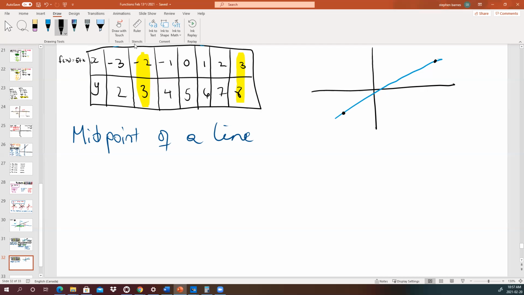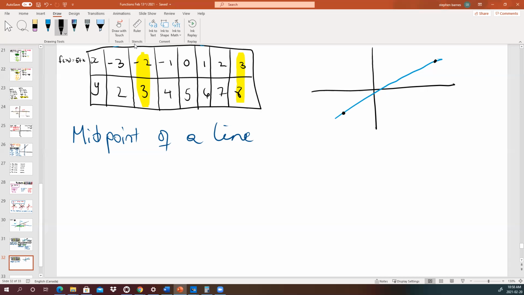So let's say I'm using these same 2 points, and I want to find the midpoint between the 2 points that are highlighted in yellow here. So what I need to do, the formula is literally just finding halfway. So let's put down the two coordinates here.